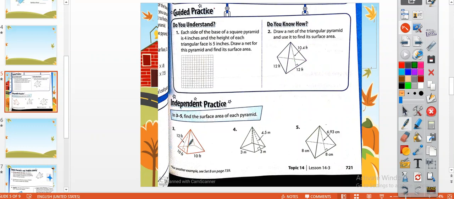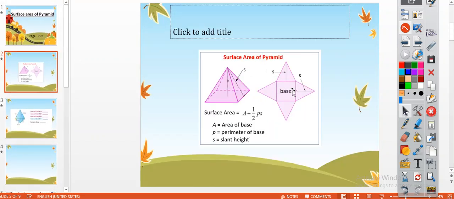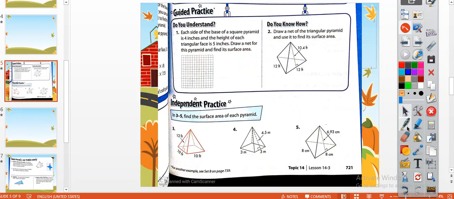Well, this is a rectangular pyramid, so the net of the pyramid will look like this one: a square base and 4 triangles. So remember, you will find the area of the base first, then you will find the area of one of the triangles, then multiply it by 4.